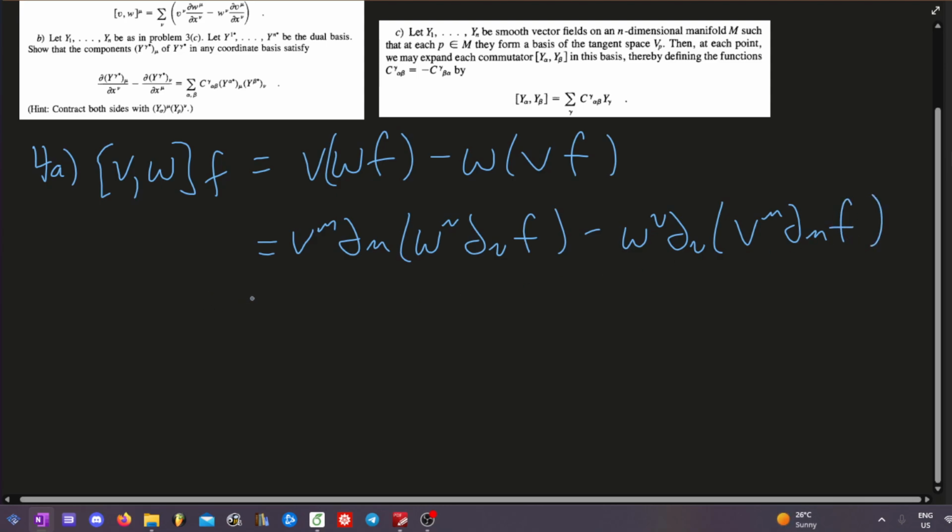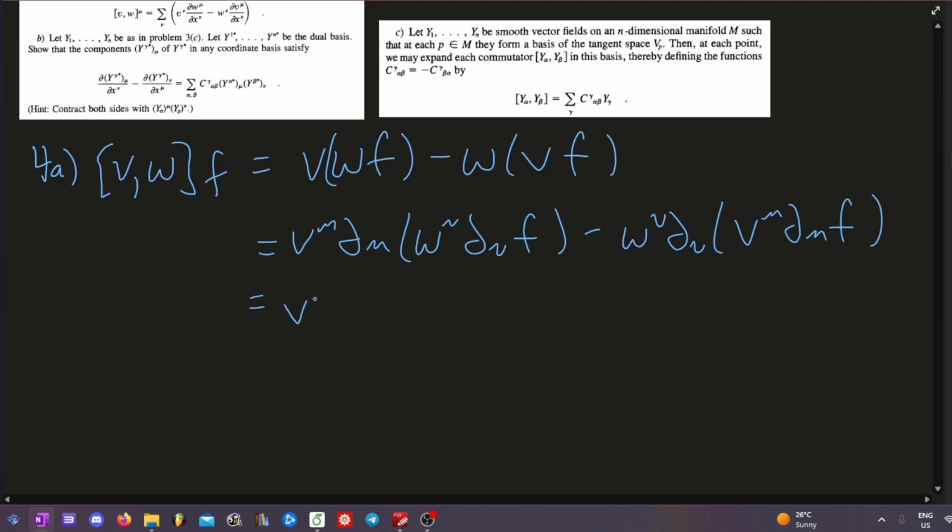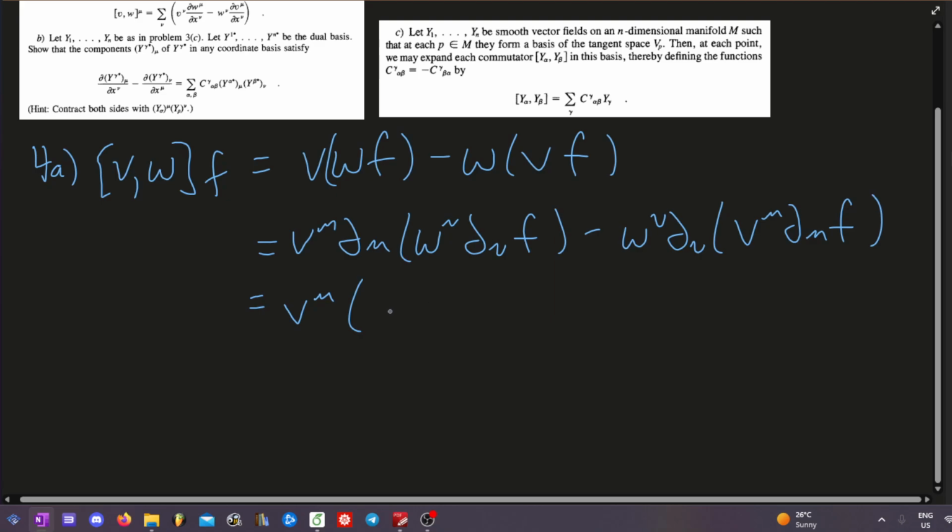Now we can expand these derivatives using the product rule. We're going to get v^mu times two terms: one that's del_mu w^nu del_nu f, plus a term with w^nu up front with both derivatives acting on the f.